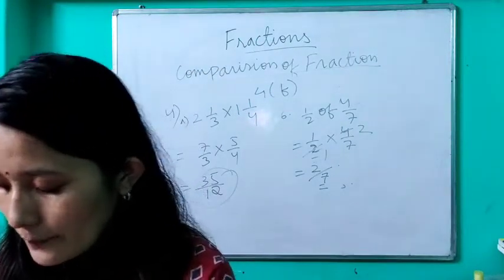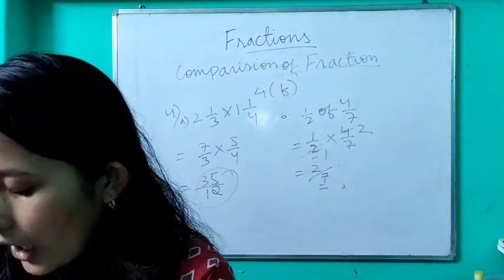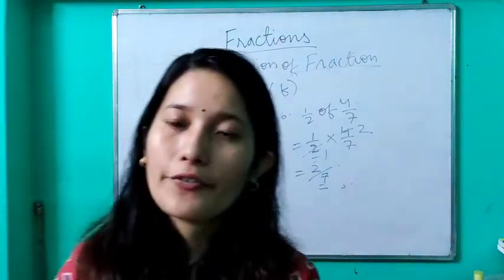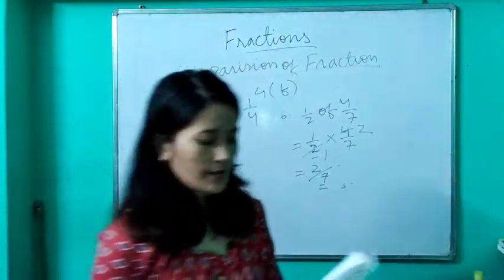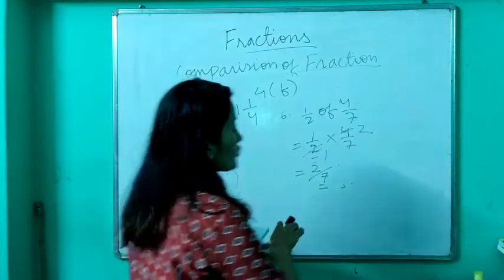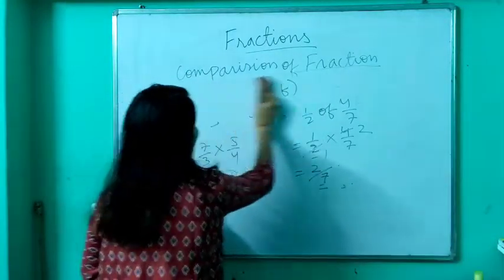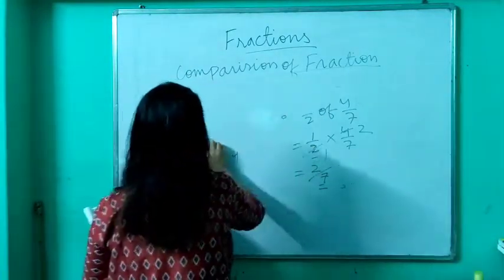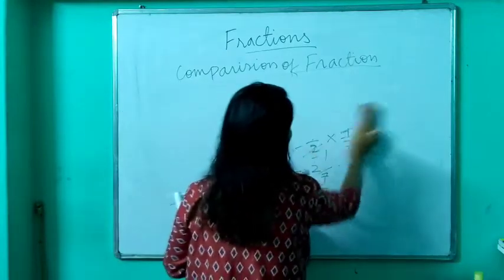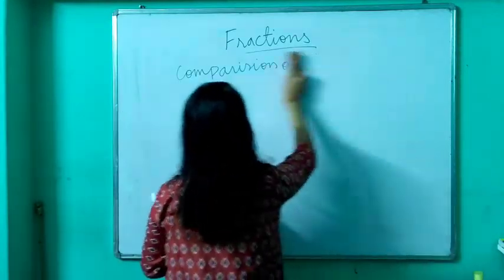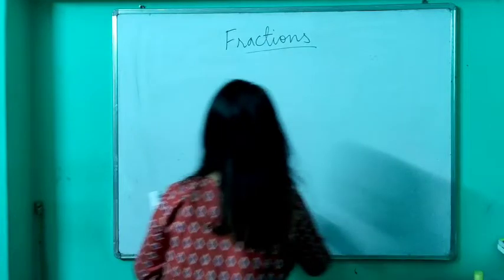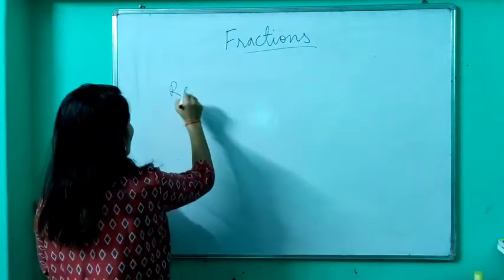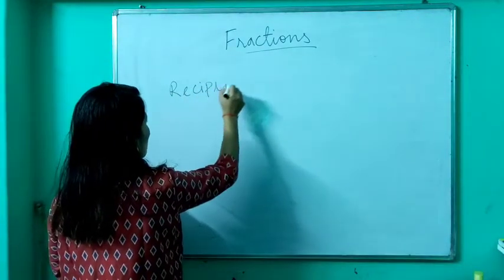Now similarly, how do you carry out the division for the fraction? Before going through the division of the fraction, we have to understand one term, which is reciprocal. What does reciprocal mean?